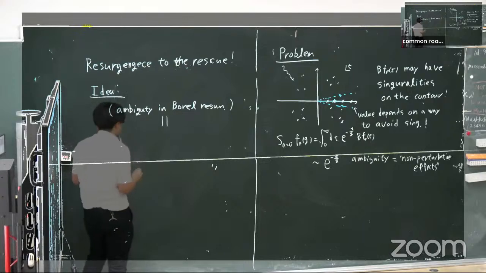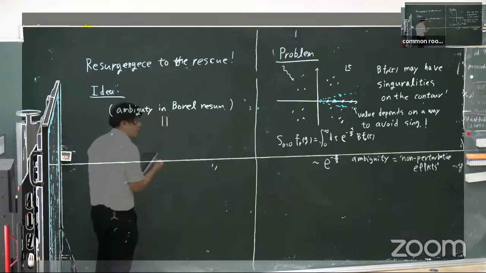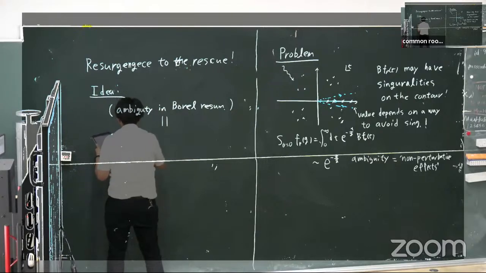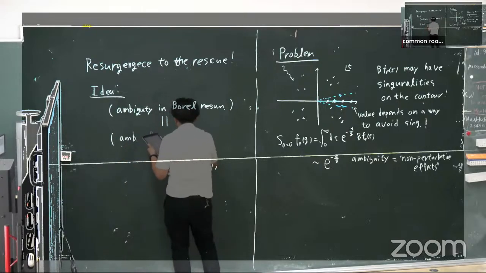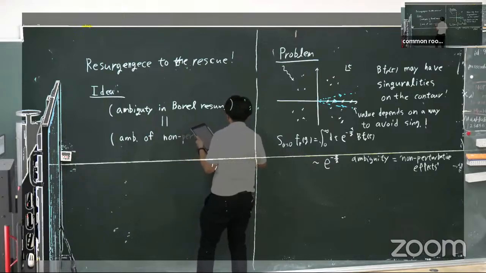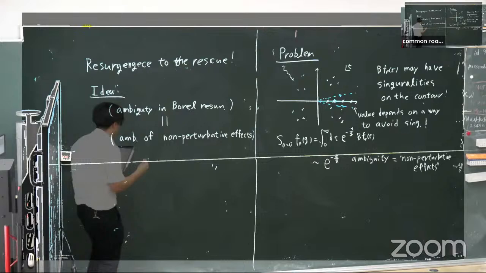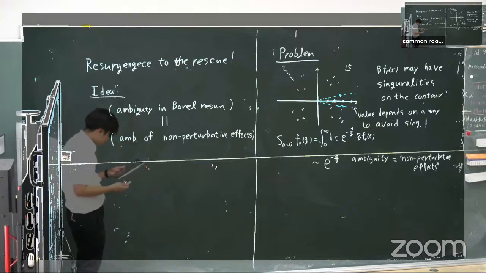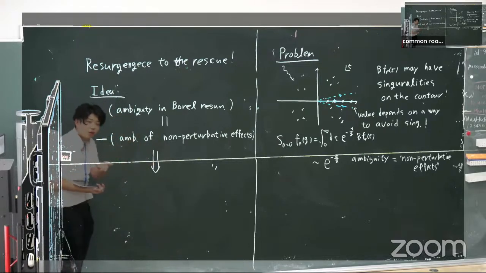The idea of resurgence is that if we carefully compute the non-perturbative effects, for example by using a saddle point or some other method, then in various problems it is known that this non-perturbative effect also has some ambiguity, and the amount of the ambiguity is the same as for the summation, but with the opposite sign. Then we get a cancellation of ambiguity for the whole answer.